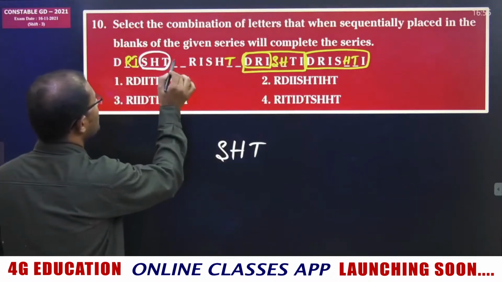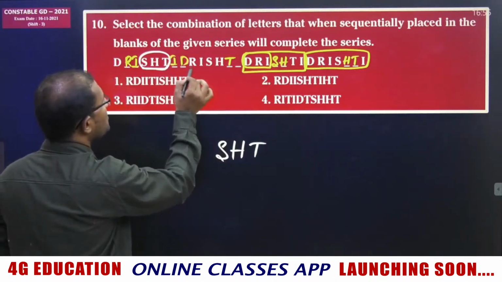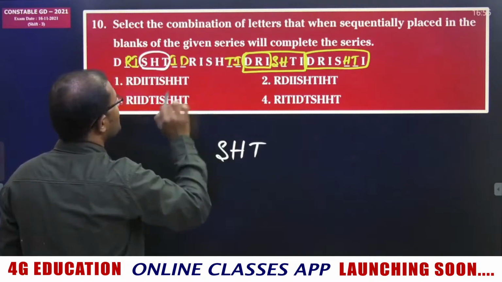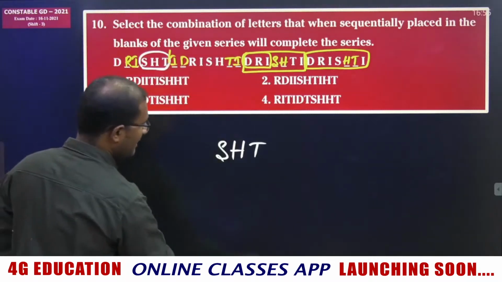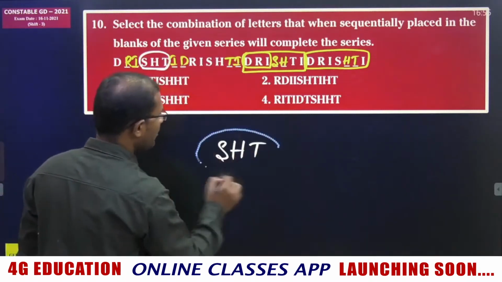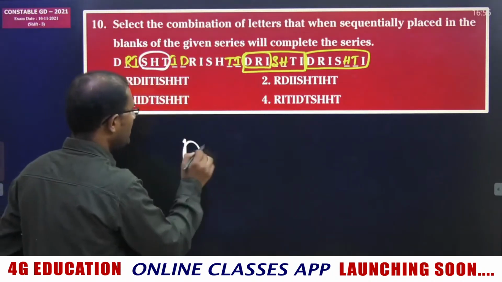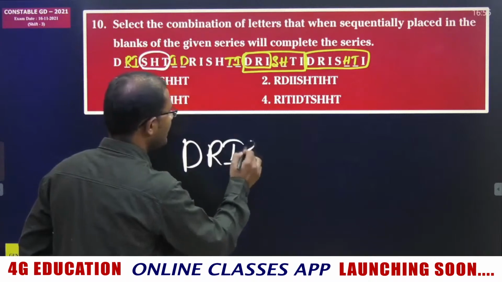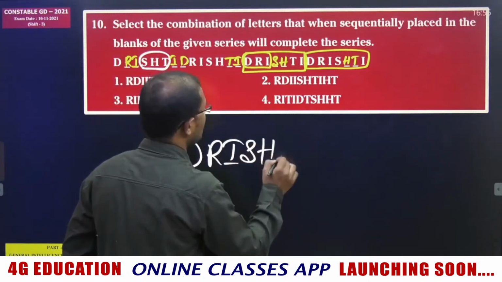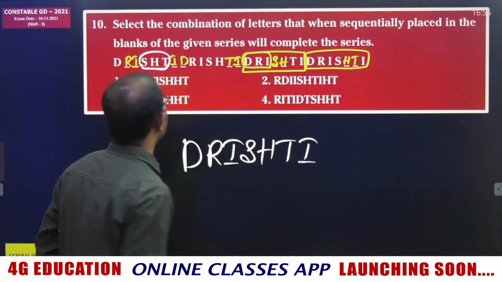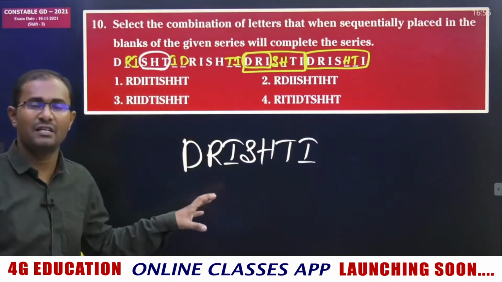So it means Drishti is the word which is being repeated here. Just by looking at the continuous series, we have decided D, R, I, S, H, T, I.